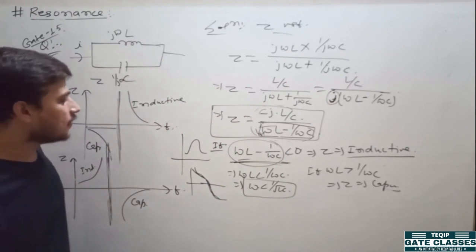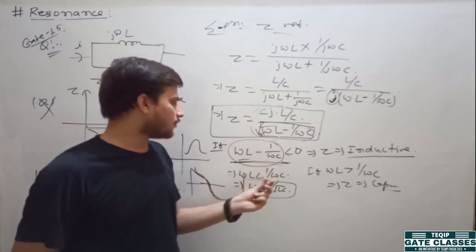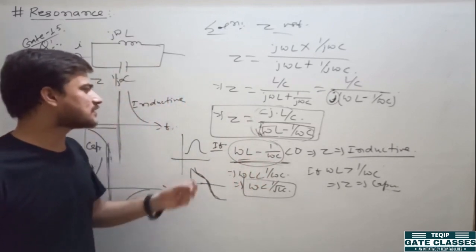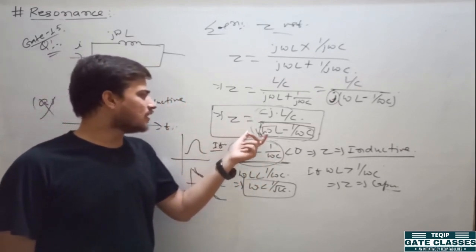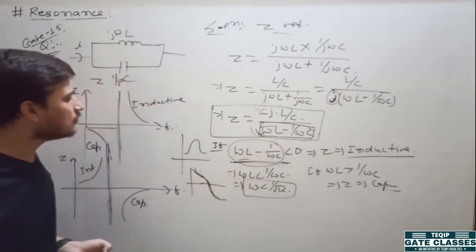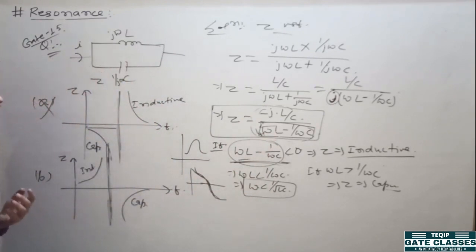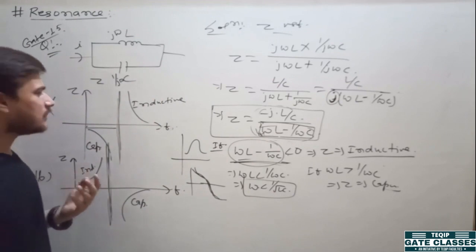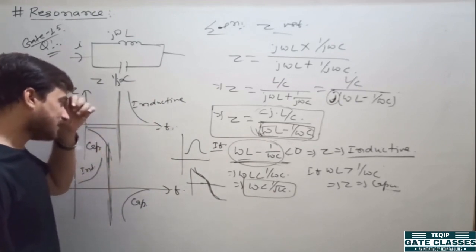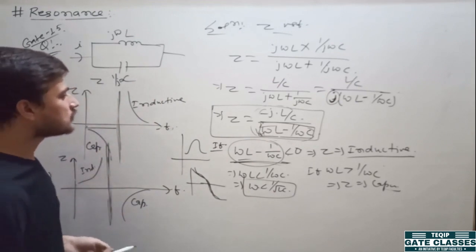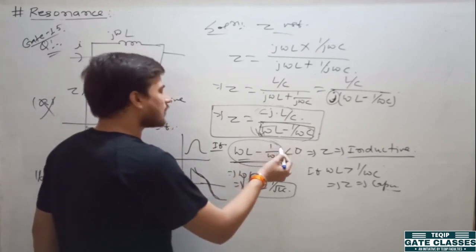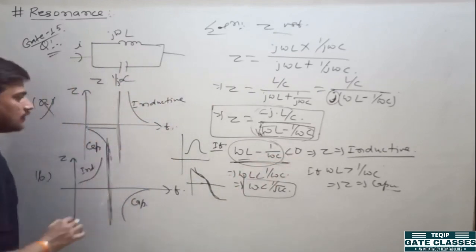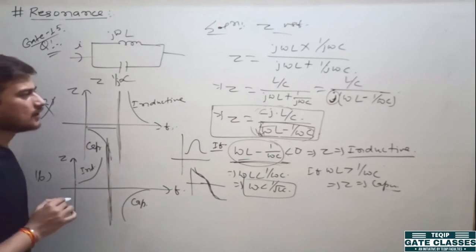See, suppose omega is just greater than 0. The moment omega is equal to 1 by under root LC, the value goes to infinity. Now what do you see?